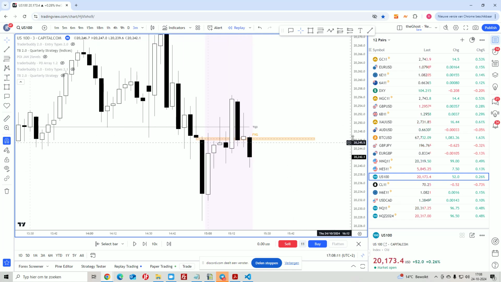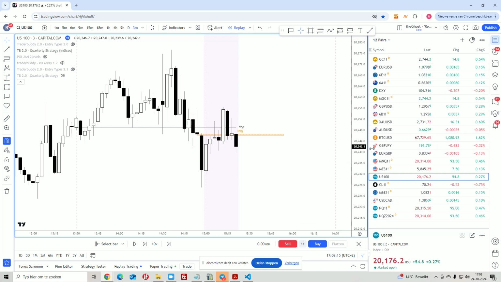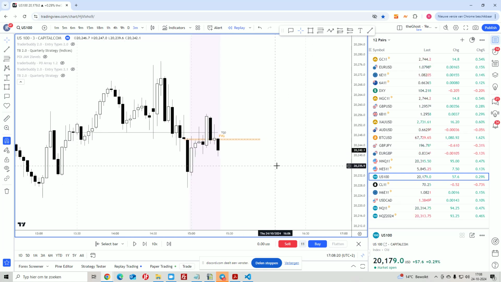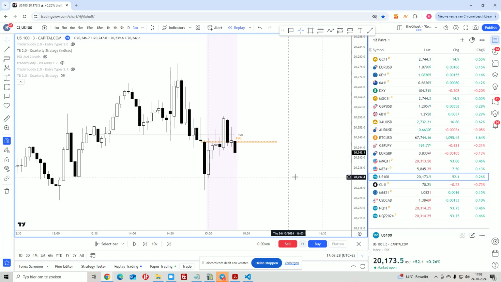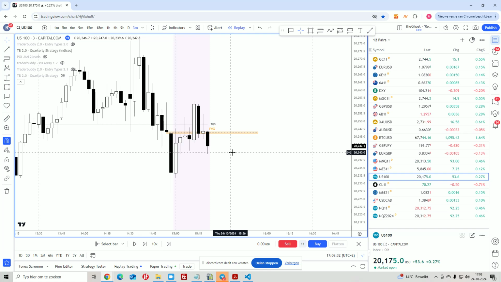So yeah, it's a volume imbalance. Yeah, volume imbalance, and the other thing, when we have several fair value gaps after each other, that's called a liquidity void. So, but you just treat it like a fair value gap.